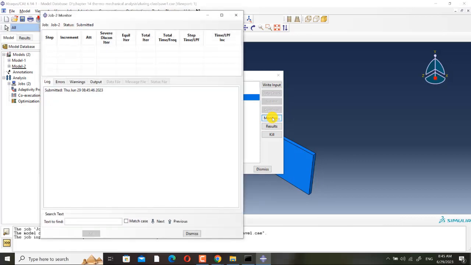Now Abaqus reads the temperature field from job 1 and calculates thermal strains and applies them to the simulation. So they are thermal loads, and then you can see the stress and strain.